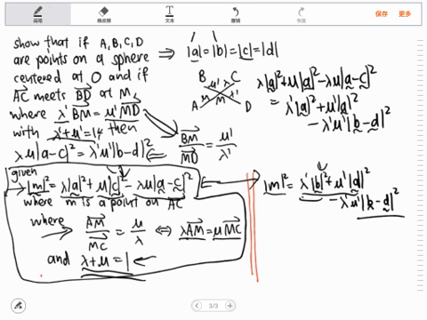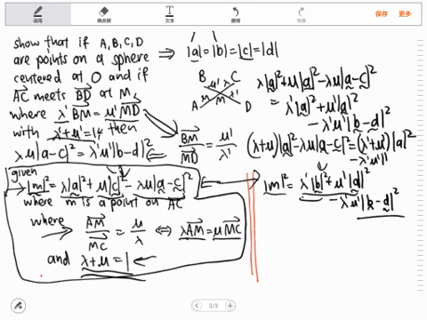So the left hand side becomes (λ plus μ)|A|² minus λμ |A − C|² equals (λ′ plus μ′)|A|² minus λ′μ′ |B − D|².